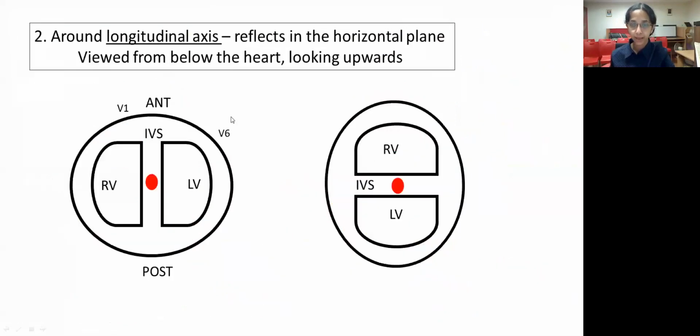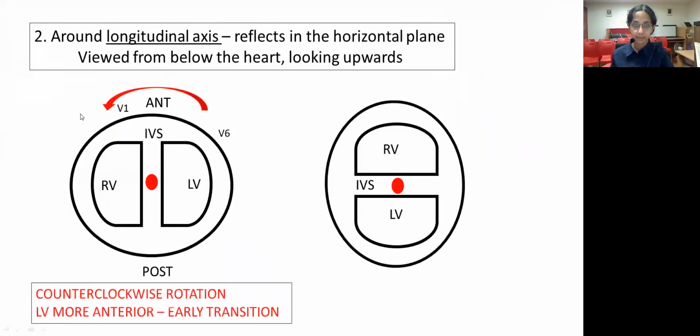Compared to that, if you have rotation which is happening in the horizontal plane or the axial plane, imagine you are looking from the foot end towards the heart. This is anterior, this is posterior, this is right, V1, this is left, V6. And if you have a rotation which is happening counterclockwise, you have LV lying more anteriorly and the transition happens early.